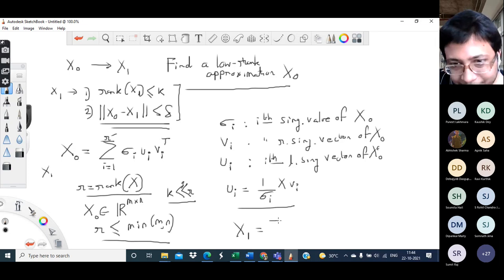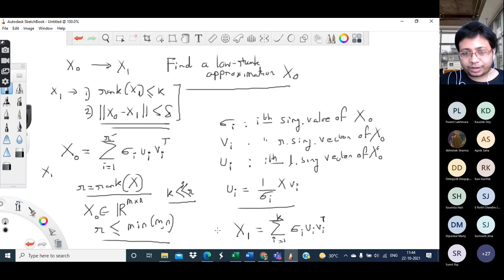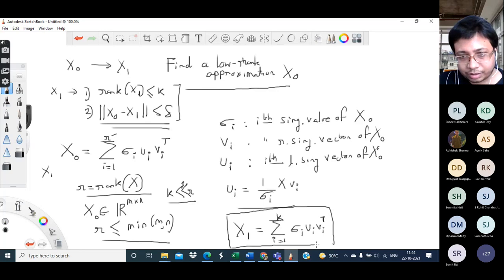My claim is I can write x1 if I define x1 as the sum from i equal to 1 through k of sigma i ui vi transpose. If I define x1 in this way, using the same sigma, same u, same v as x naught.